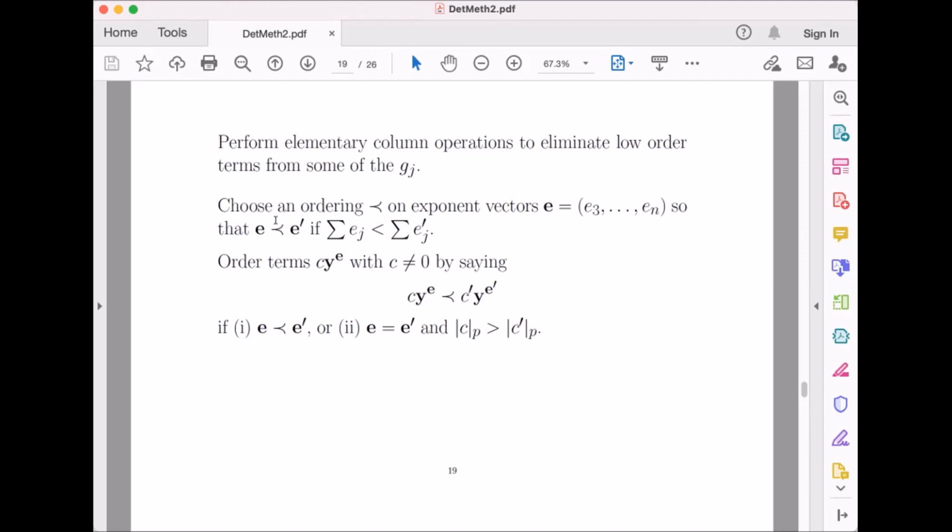So first of all, we see how the degrees of the terms compare, and otherwise we see how the leading coefficients compare.